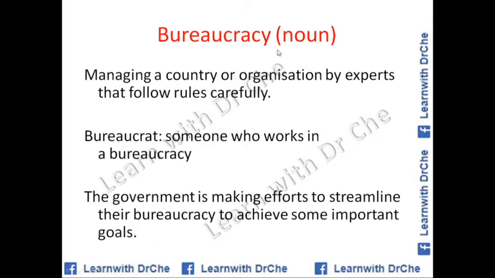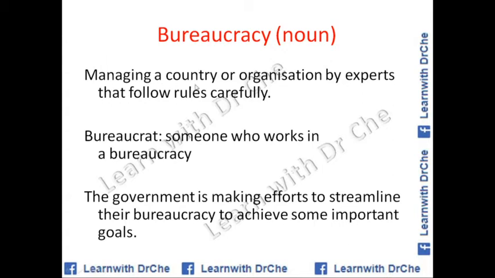Bureaucracy. Bureaucracy is a noun, especially used in the topic of government. Look at the spelling: B-U-R-E-A-U, bureau, bureaucracy. The spelling is not the same as the pronunciation, so look at the spelling.